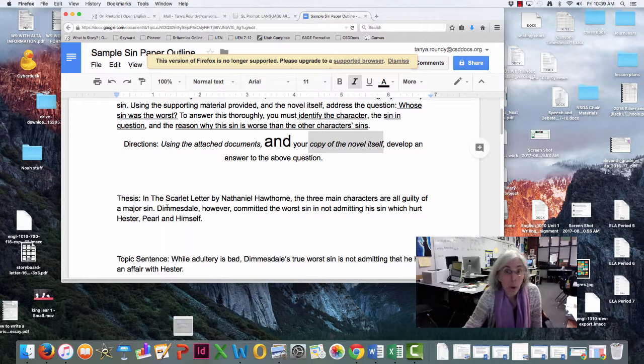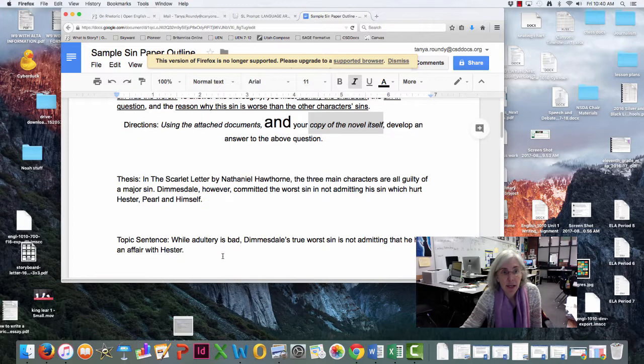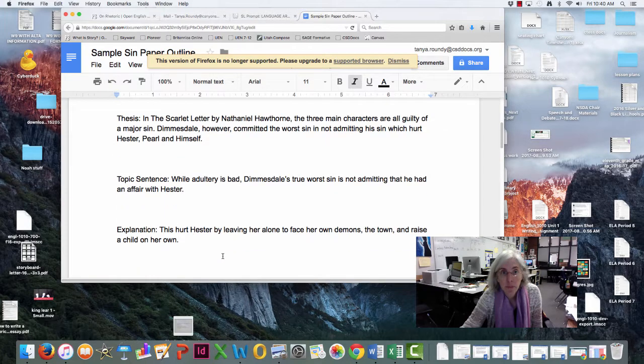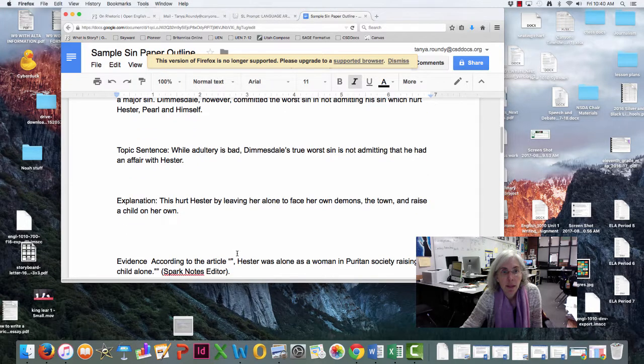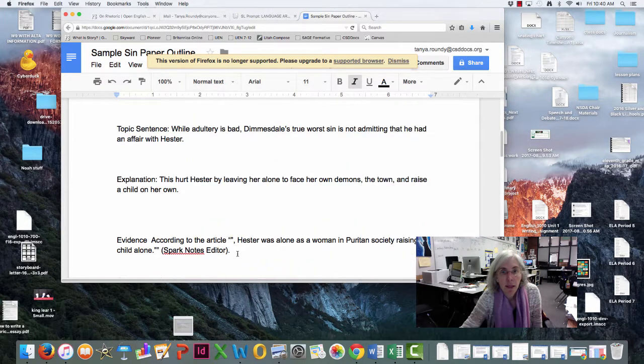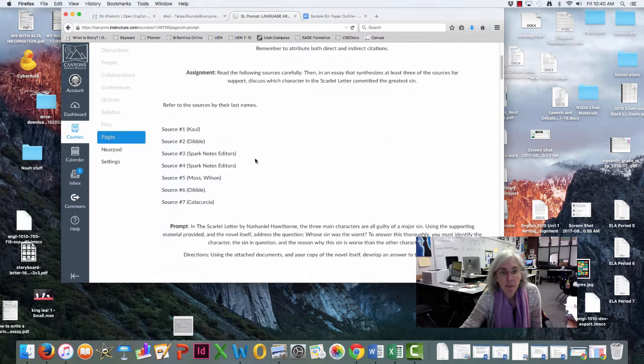Now I need to support what I've been saying with evidence from the articles. So I might say, according to one of these articles here, it says something about him hurting her.